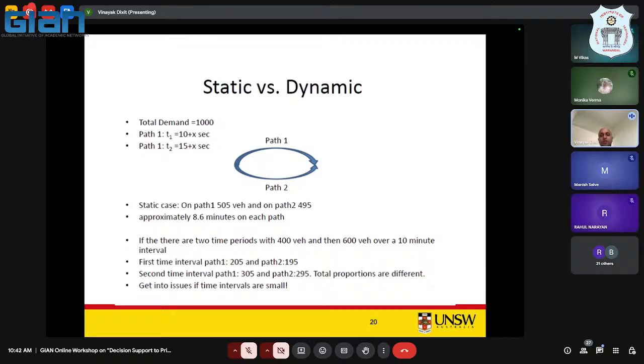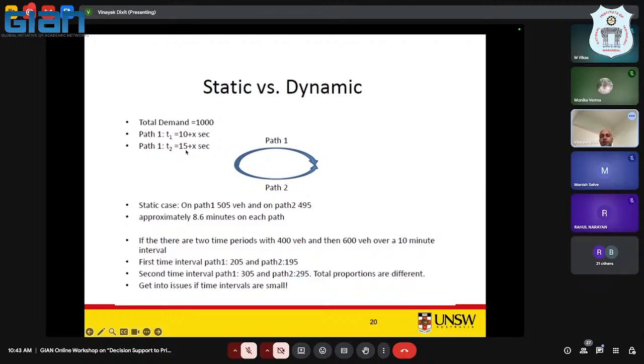The first 10 minutes is 400 vehicles, the second 10 minutes is 600 vehicles. So the first 400 vehicles go. How will they split themselves? They'll split themselves based on 205 and 195.